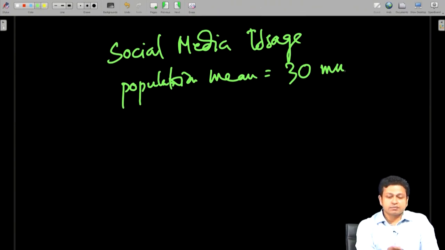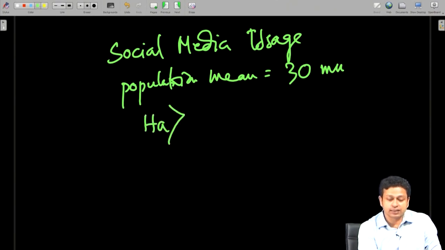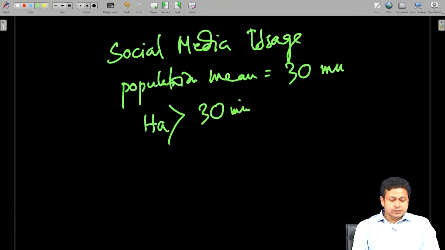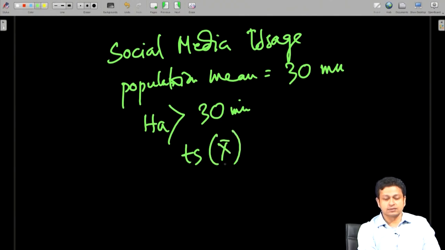And let us say my alternative hypothesis is that the social media usage is more than 30 minutes. So, I want to see if the students in IIT Kharagpur actually use social media more than 30 minutes a day. And when I collect the data, I observe the test statistic x bar.